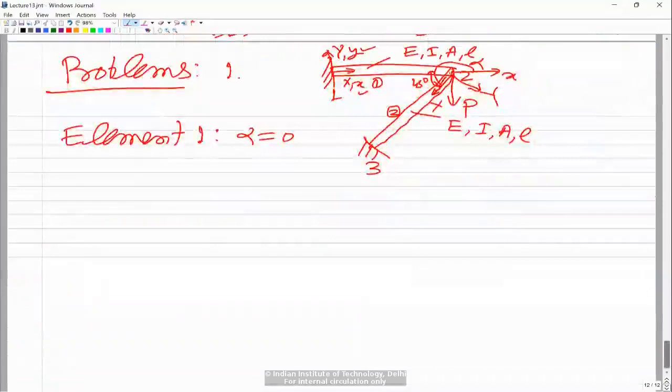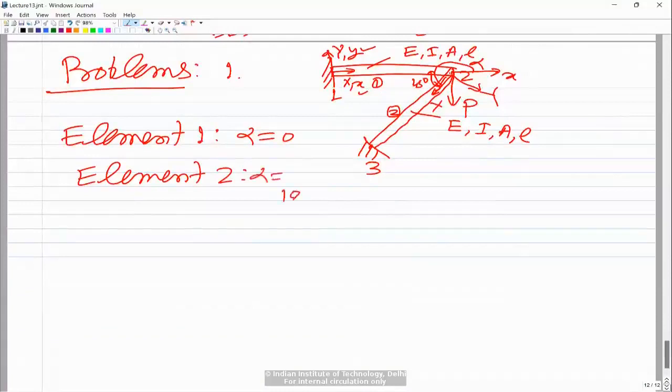If you look at element number 2, the way I have indicated the coordinate axes, alpha will be equal to this angle, which would be 180 plus 45, or it can also be written as minus of 180 minus 45. So this is the angle alpha.